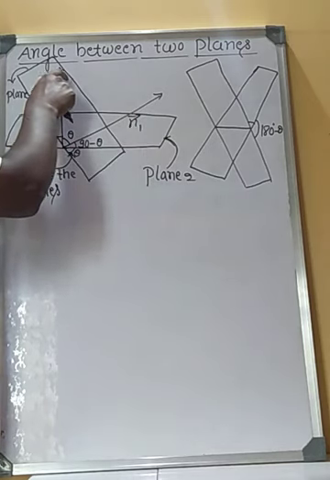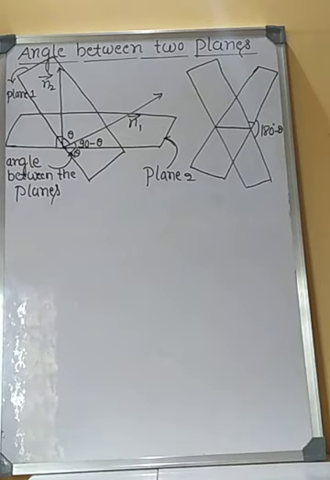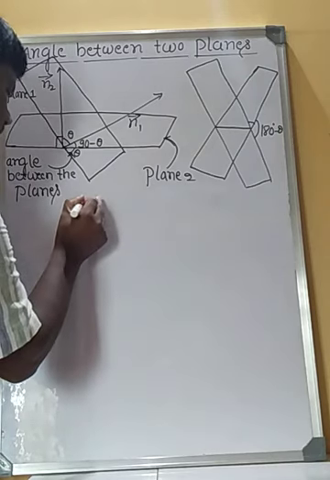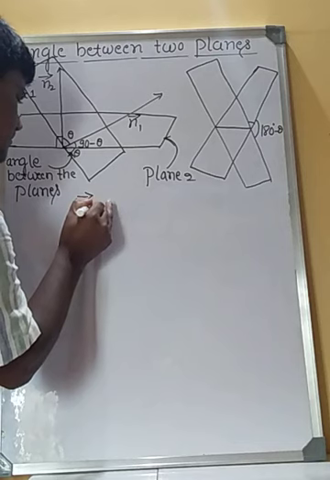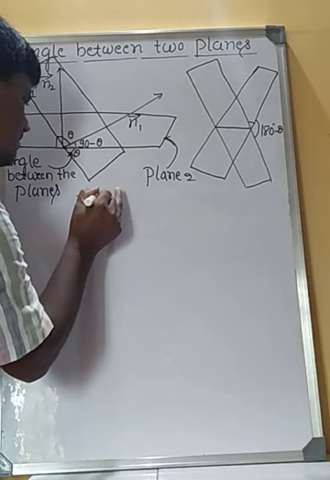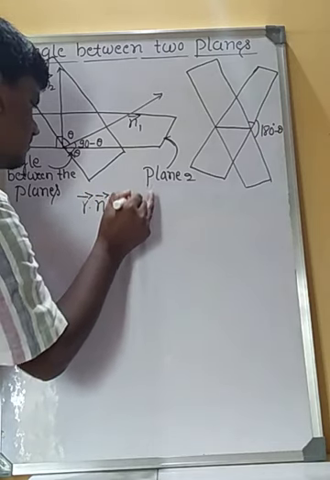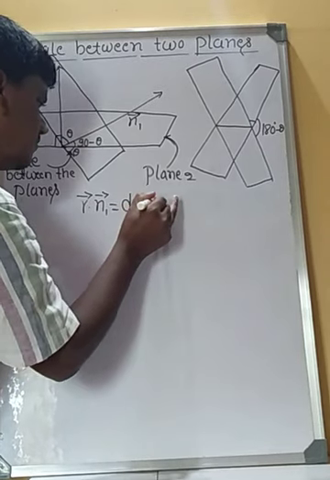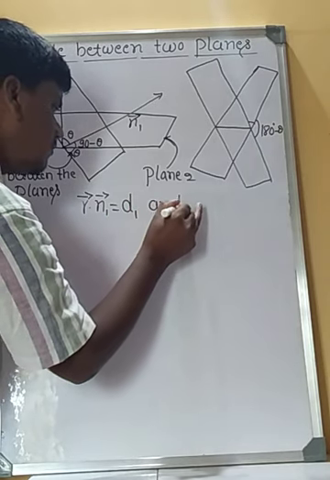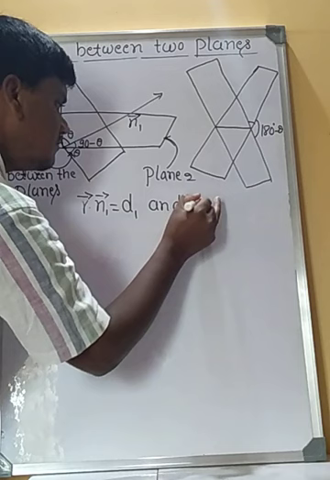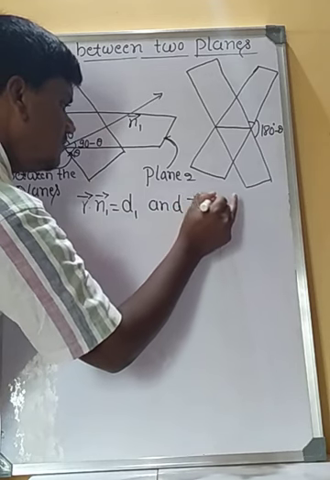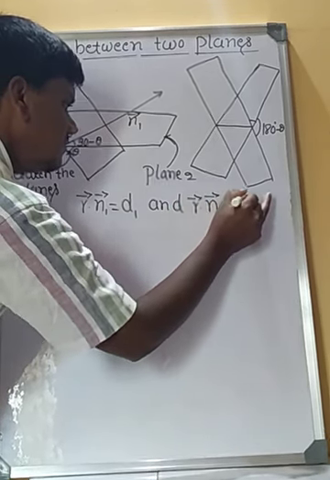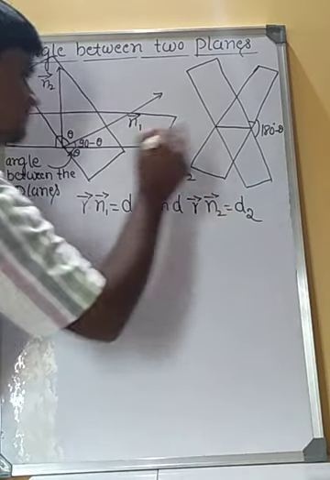That is, r vector dot n1 vector is equal to d1 and r vector dot n2 vector is equal to d2.